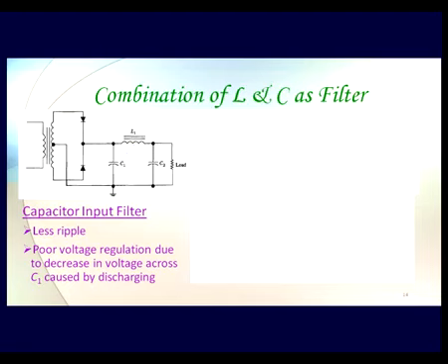Now in this circuit the ripple is quite less, but the voltage regulation is a little poor, because this capacitor C1 is the one that keeps on charging and discharging as per the input cycle from the rectifier, and so this capacitor is going to discharge at certain point of time in order to supply the load, and so this voltage itself is not going to be constant throughout the operation, and so the voltage regulation will be quite poor in this scheme.